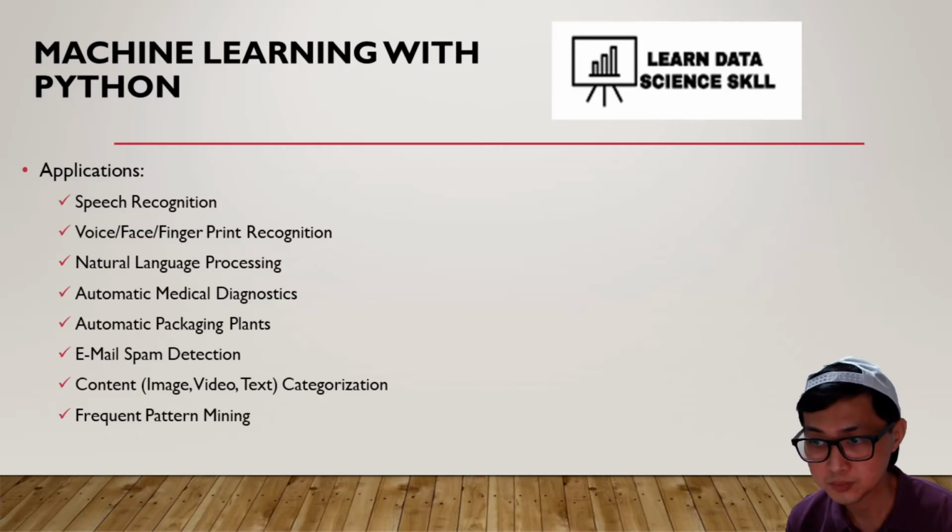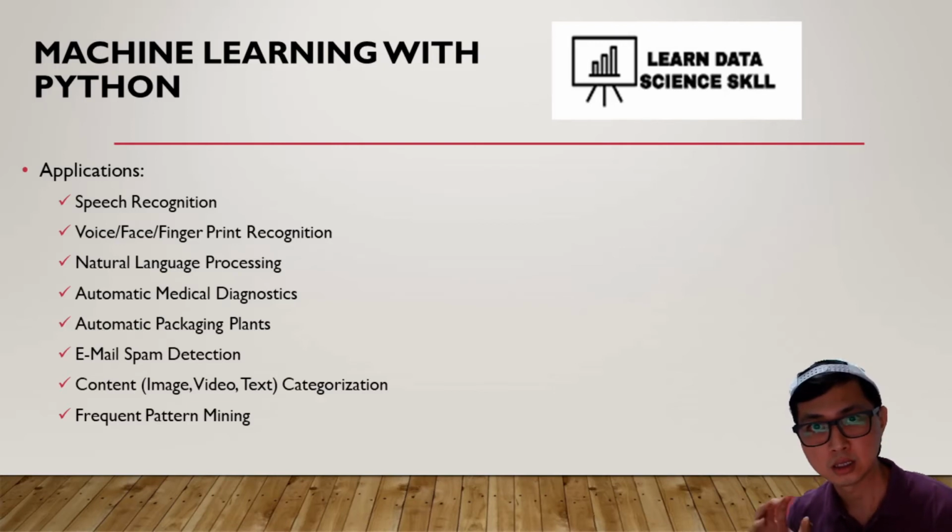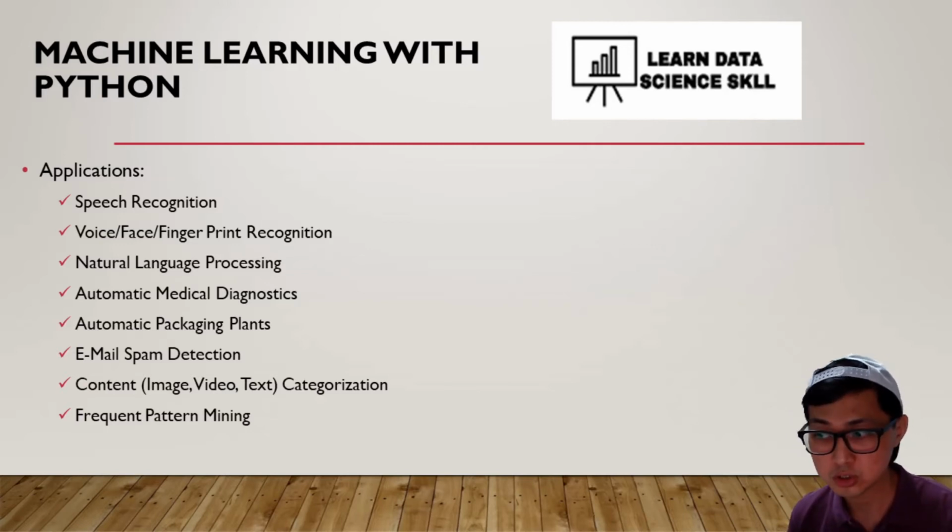For example, speech recognition, voice, face, and fingerprint recognition, natural language processing, in which we use machine learning techniques to extract useful and meaningful information from a bunch of text, automatic medical diagnostics, automatic packaging plans, email spam detection, or content categorization, which is especially important nowadays because there are so many types of social media in which a lot of images, videos, and text are uploaded every day, and people are trying to use machine learning techniques to categorize this content.